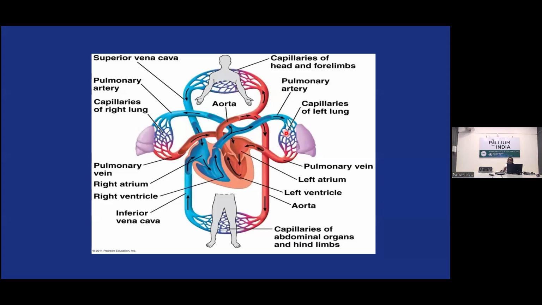Why I am highlighting this picture is that we have to understand there is a connection between the arterial capillaries and the venous capillaries.